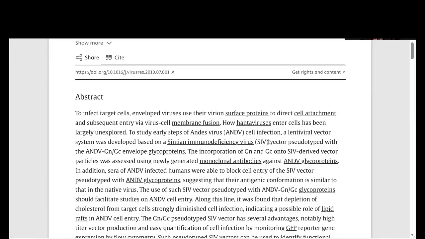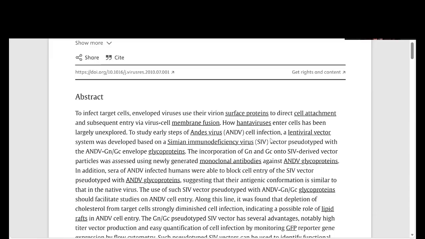Now that's not what they did in this paper, but this is the point I'm making with bioweapon development. When you are doing this type of research, you can go one step further without the safeguards and build these chimeras that could leak out of the laboratory. And this is the problem that I have with this type of research. But in this paper, they used a pseudotype that is safe to work with.